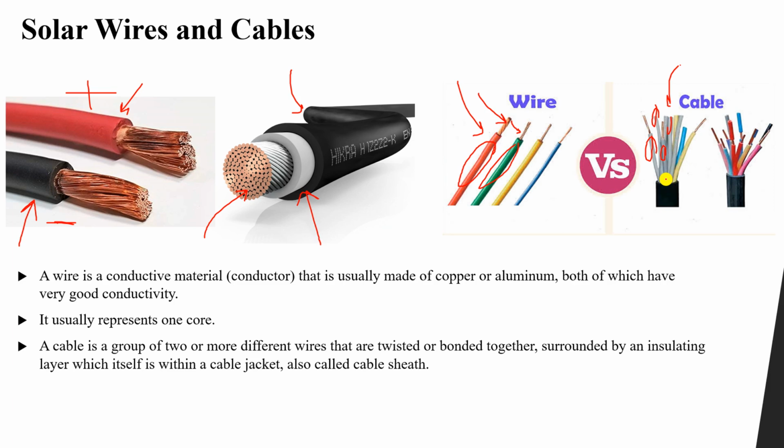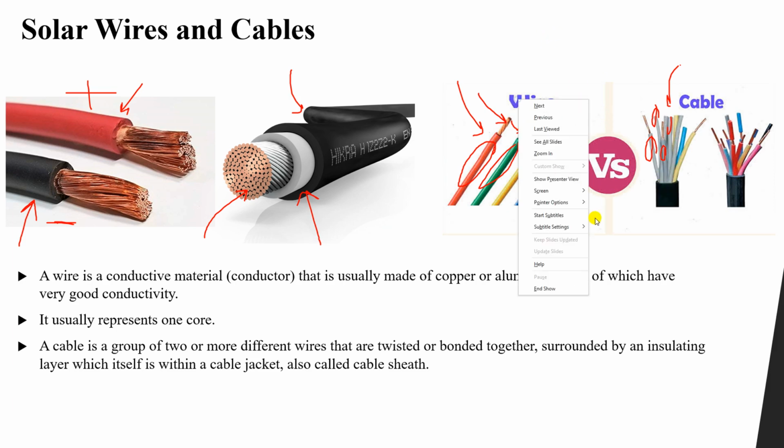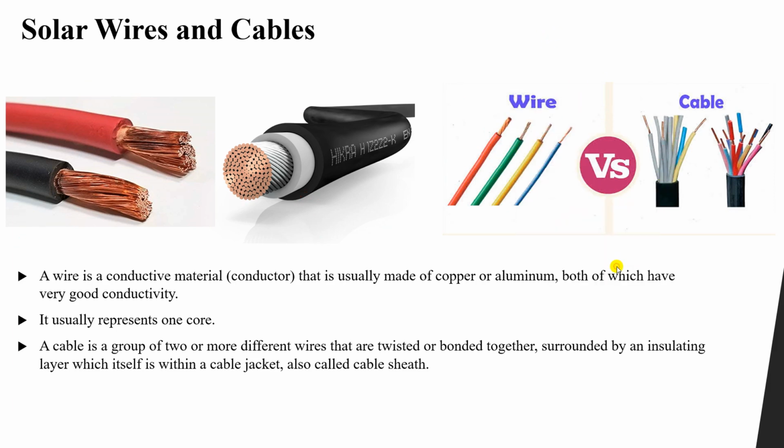Okay, it is multi-core. If you remember in the previous lesson, when we discussed the open circuit and short circuit test of the PV panel, we had one black bundle. Inside it had 3 wires. One had 2 wires, the red one and the black one, and the other one had 3 wires, which is the green one.